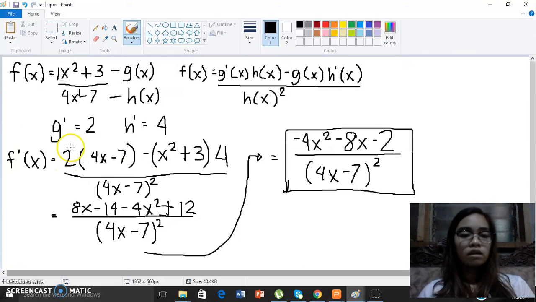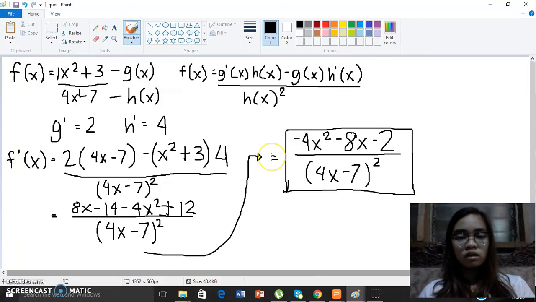And then distribute. 2 times 4x is equal to 8x. 7 times negative 2 is equal to negative 14. And then 4 times negative x squared is equal to negative 4x squared. Then 4 times 3 is equal to 12, all over quantity 4x minus 7 squared.